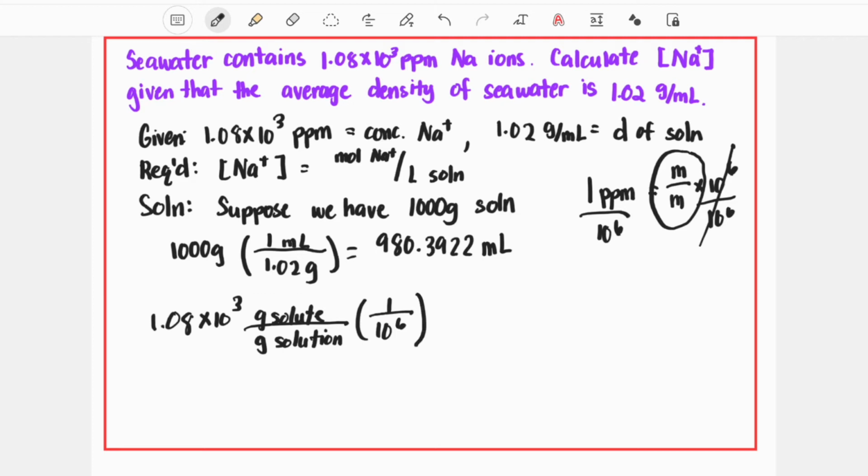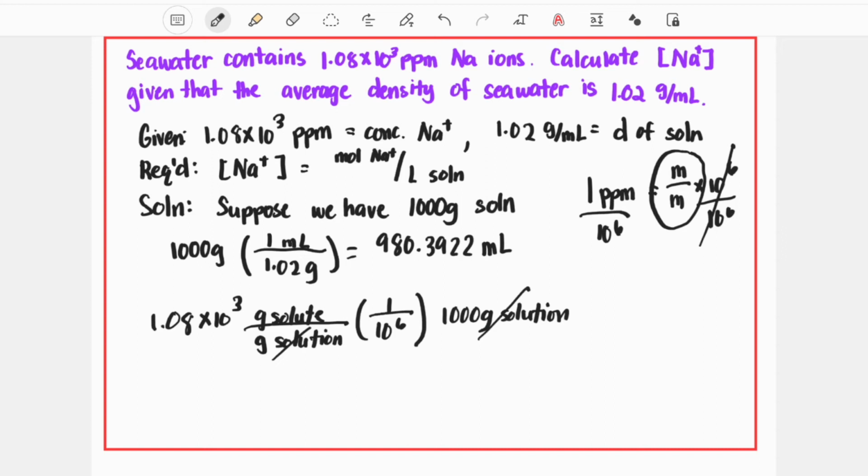So I'm converting parts per million back into grams. Because I supposed I have 1,000 grams of solution, I could just multiply that to eliminate grams of solution. And now I just need to convert grams of solute into moles of solute.